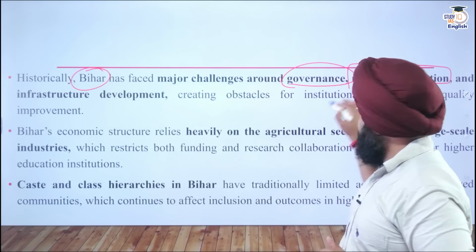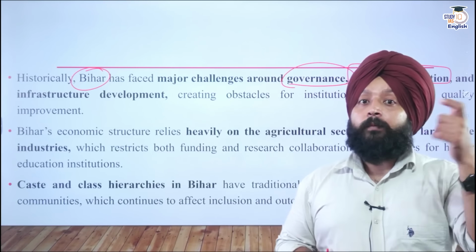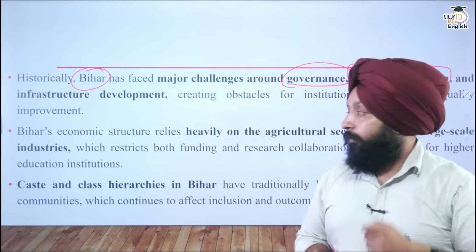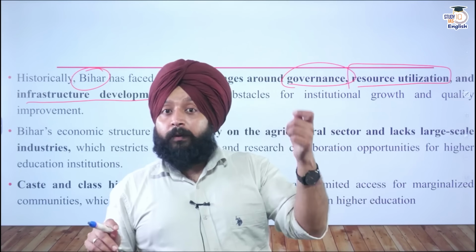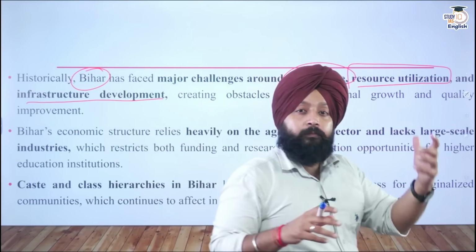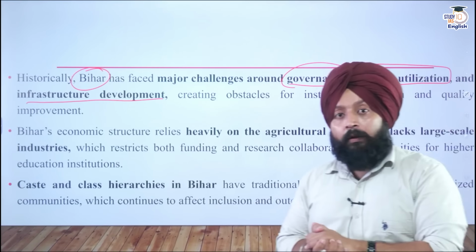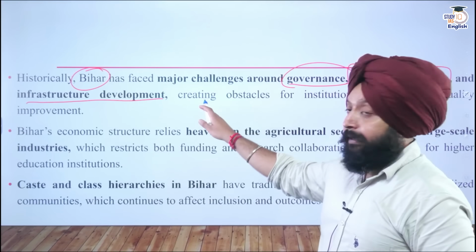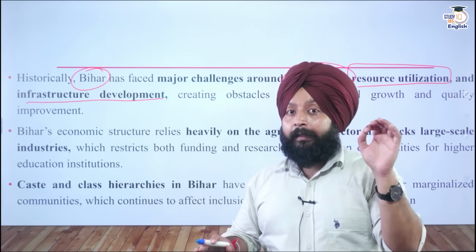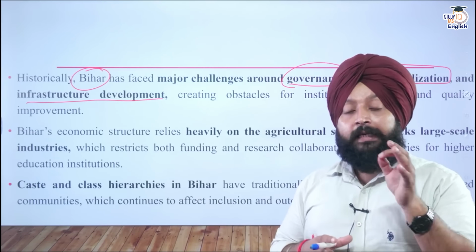Resource utilization. That means even if resources are allocated towards education, they are not properly utilized because of corruption. Infrastructure development. For the purpose of developing educational institutions, we require infrastructure. Now, infrastructure is lacking in Bihar. Because of these reasons, Bihar is not able to establish top-notch educational institutions.